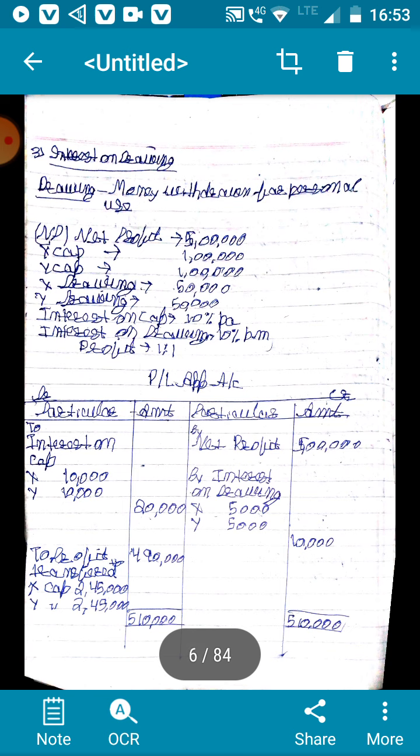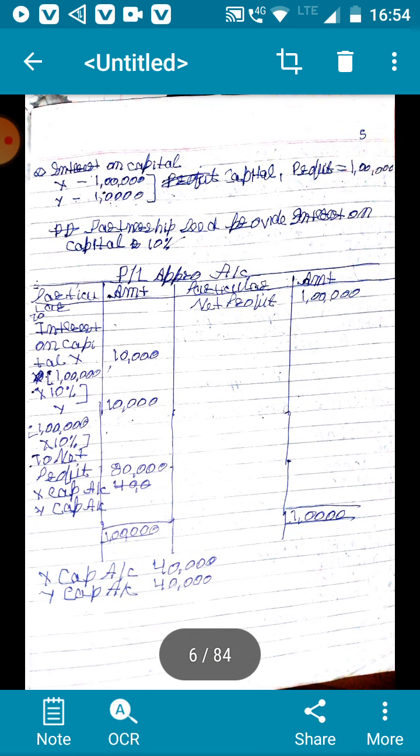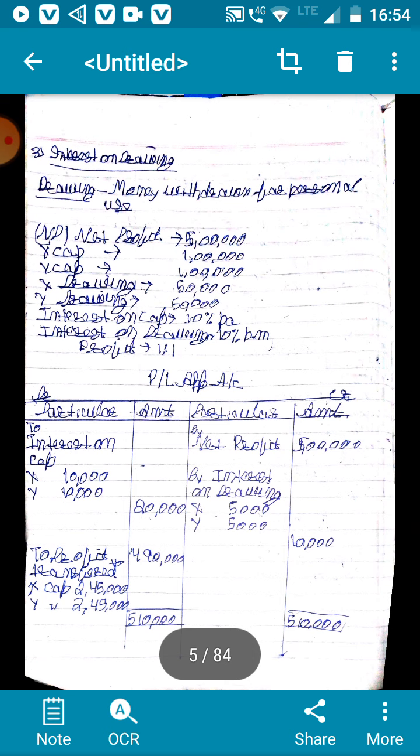Now next, we will deal with interest on capital and interest on drawings in the profit and loss appropriation account.